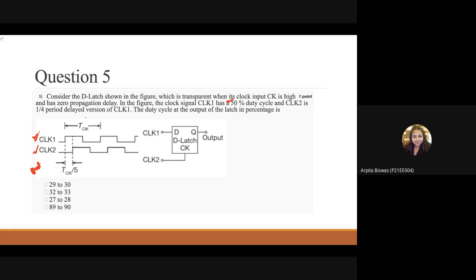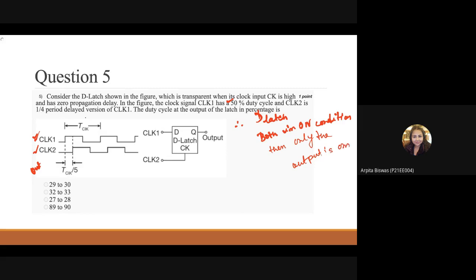And there is one more point for the D latch: when both clocks are on, only then the output is 1.